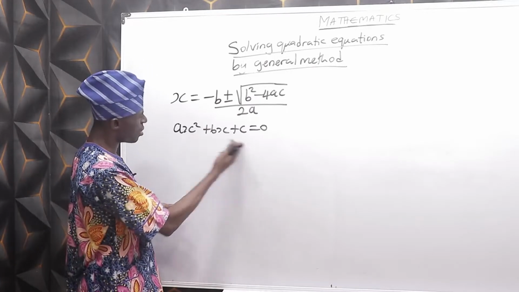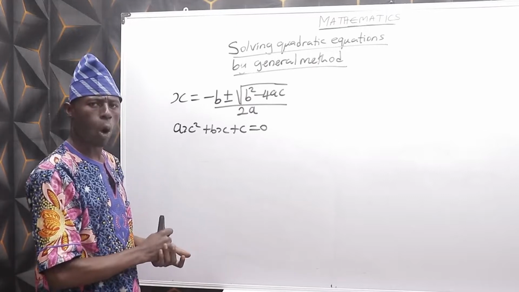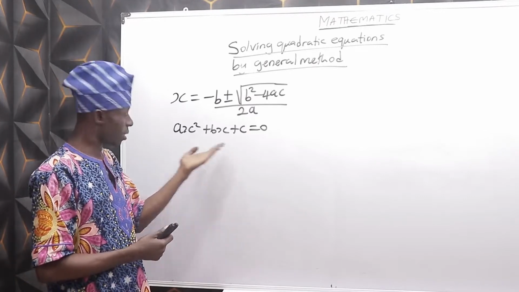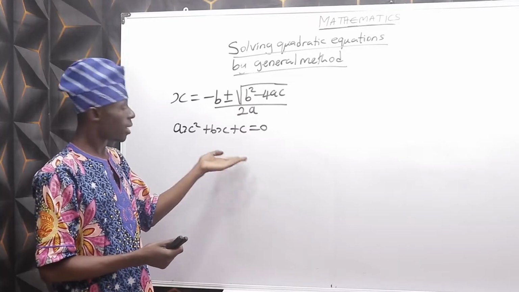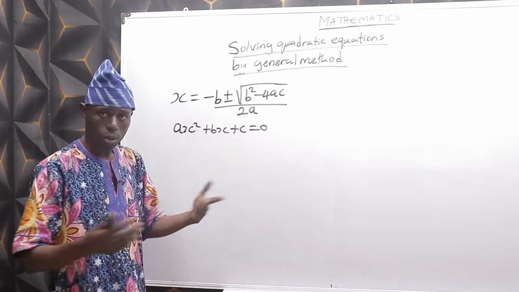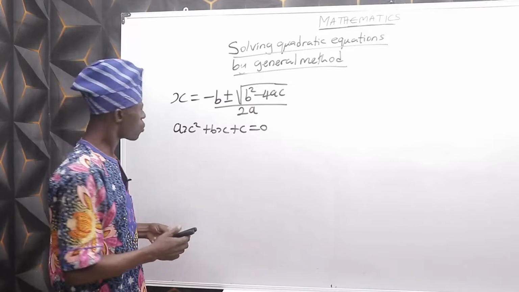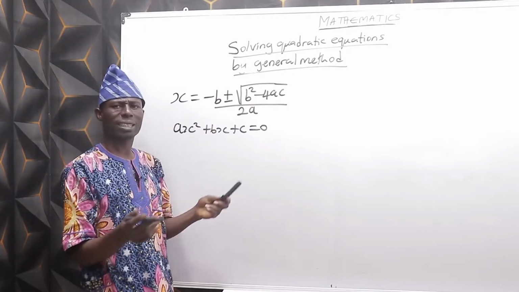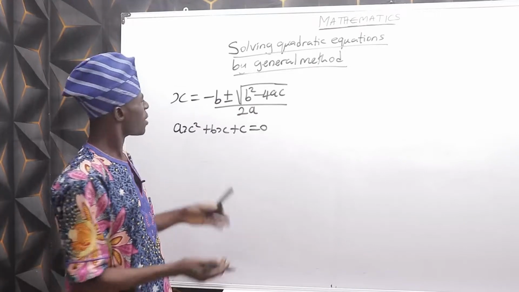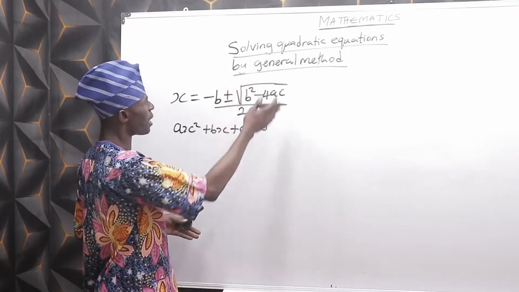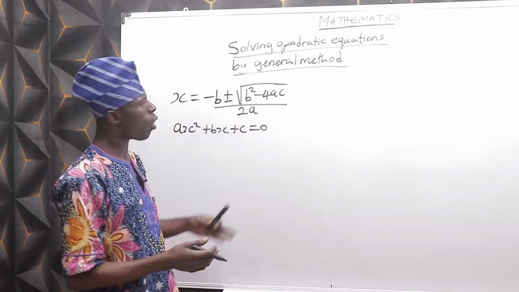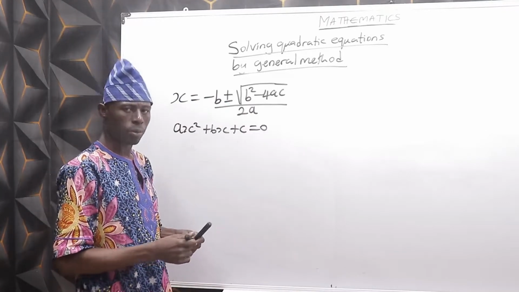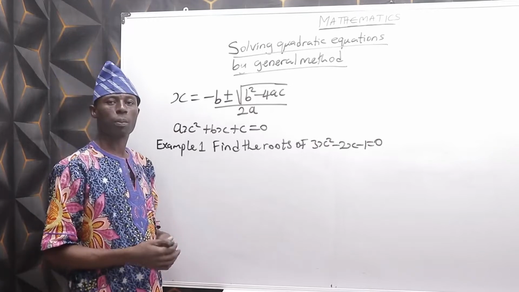This equation is a representative of all three-term quadratic equations. This is how they will look, only the arithmetic sign could vary. So, to use this to solve a quadratic equation is what we mean by general method, almighty formula or quadratic formula.